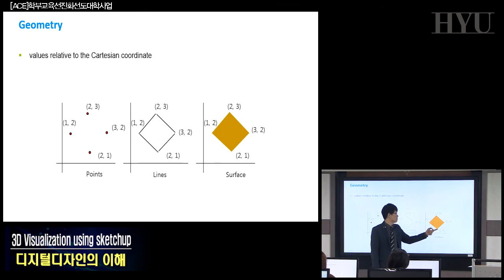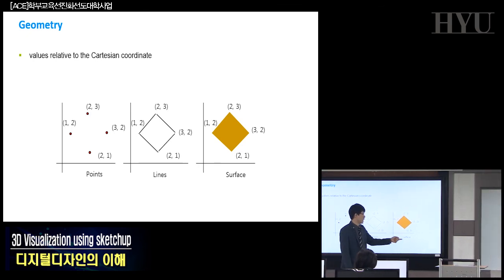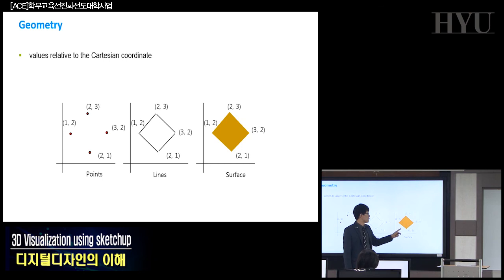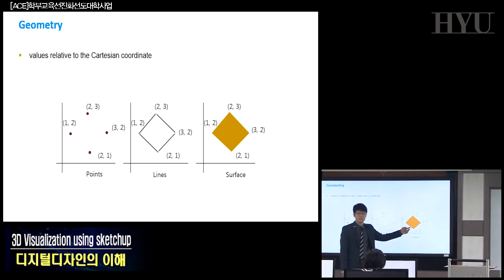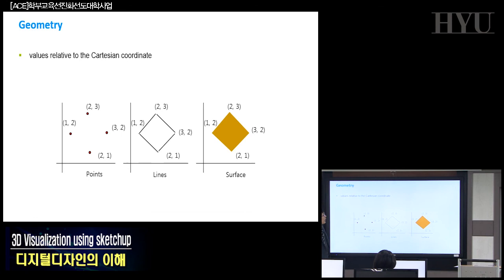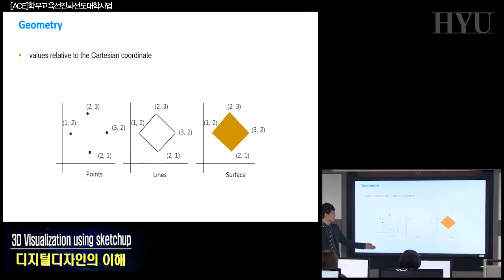And then we define the next phase as a surface. These 4 connected lines are going to make one surface. Simply fill the color so that we can recognize that it's a surface. Anyway, this is a mathematical definition, exactly the same for computers, okay?